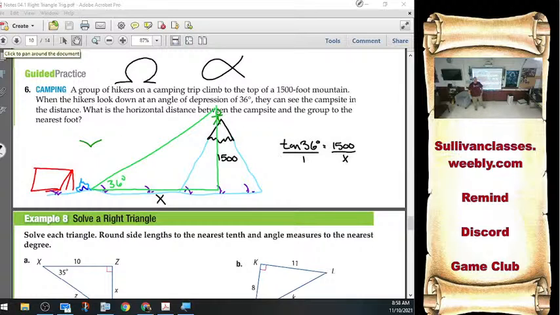Y'all remember something from geometry? Probably not. It's called means and extremes. In means and extremes, if I were to do cross products right now, 1,500 times 1, x times tangent of 36, correct? Could I just swap my extremes?